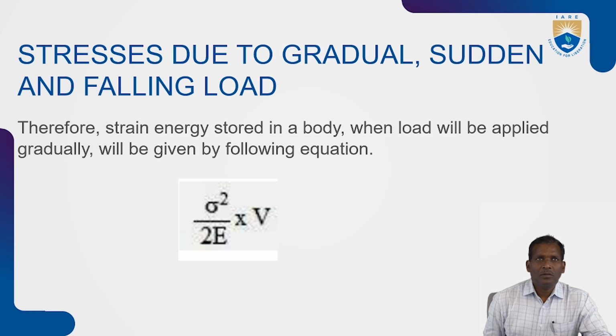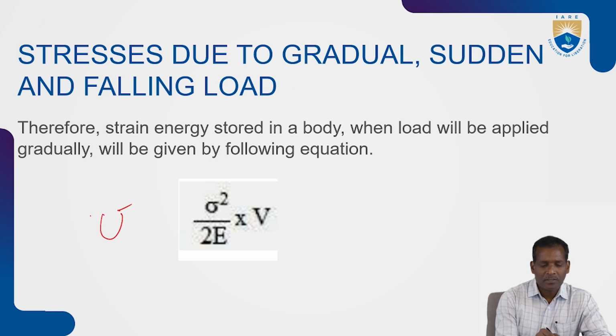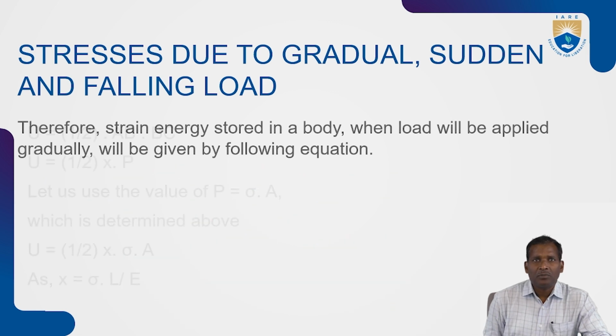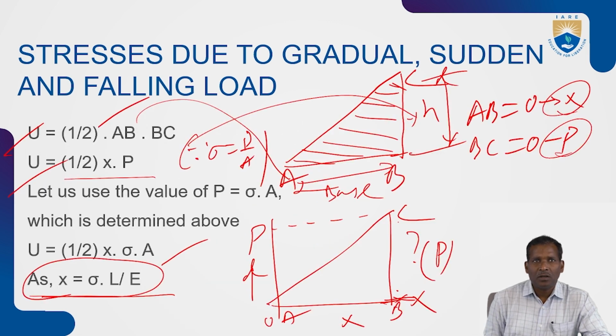So now, therefore, the strain energy stored in a body when load is applied gradually will be given by the following equation. What is that equation? U is equal to sigma square by 2E into volume.